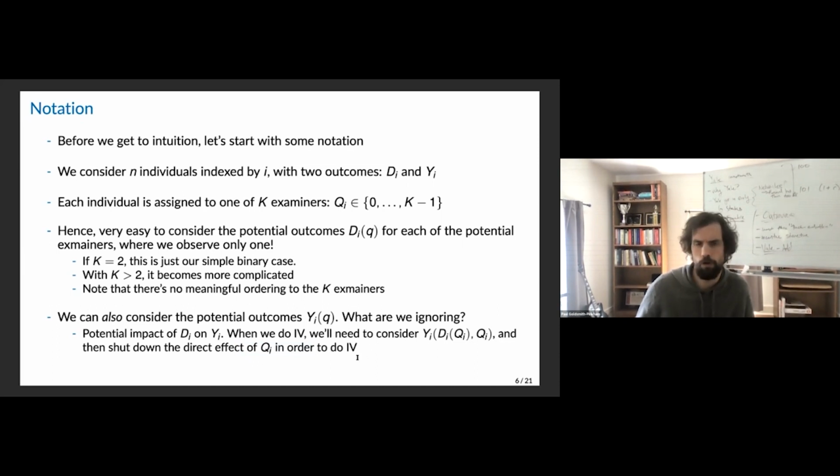Hopefully that's clear. That's basically no different than when we talked about IV. What's going to be important here when we talk about this examiner design is that nothing we're doing is inherently different than when we were thinking about IV. It's just a very special case of it that actually tends to show up in a lot of settings. Any questions on that?